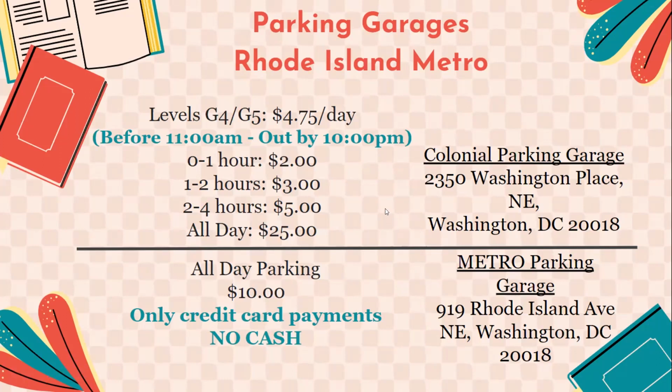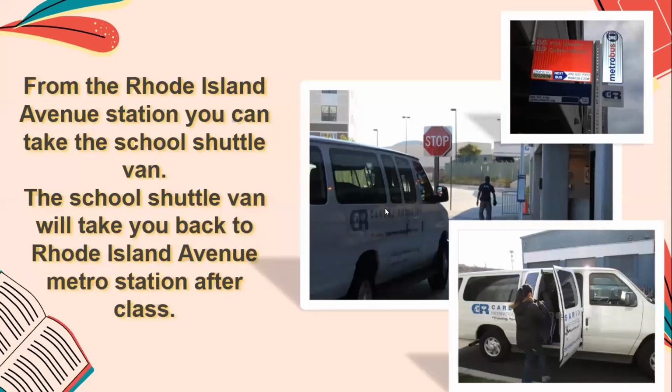Okay. So if you take the metro there, the red line, there's a shuttle that has a schedule, something like every 15 minutes. When you get out of the Rhode Island Metro, you have to walk all the way to the right, all the way around, and you see this.